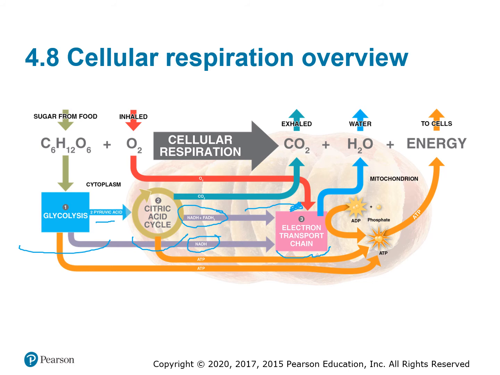Also, along the way, small amounts of ATP are made in glycolysis and the citric acid cycle, but ultimately the largest amount of ATP is made in this last step. And remember, the citric acid cycle, step 2, and step 3 occur in the mitochondria. Step 1 occurs outside of the mitochondria in the cytoplasm.